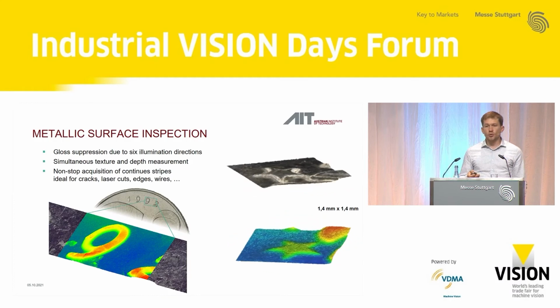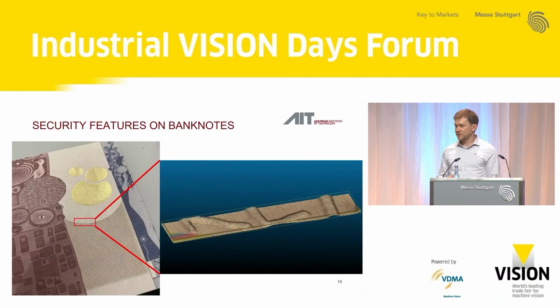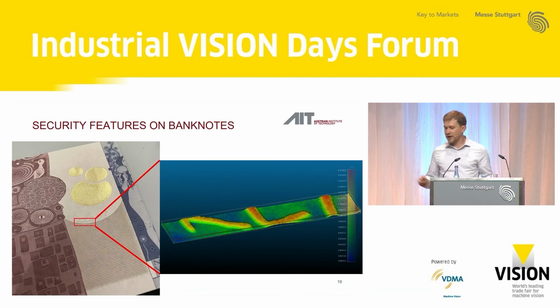Another example would be print inspection. So here are security features from banknotes. Here you see from the intaglio print that you have very low indents in the texture of the paper. And this you can also easily scan. Also here color coded, or you can code the depth in color as you would like it.